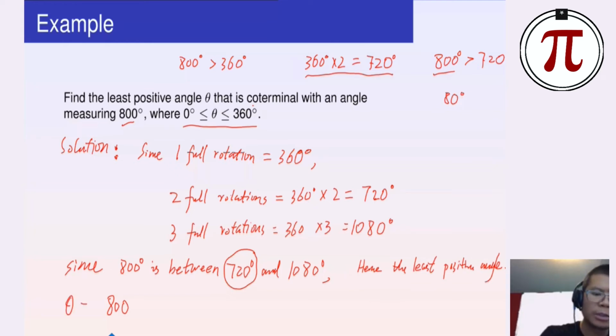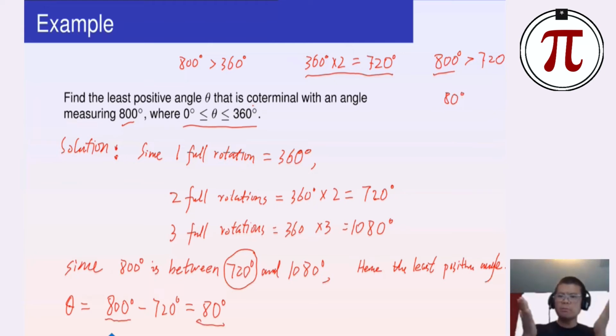Using theta equals 800 degrees minus 720 degrees, which equals 80 degrees. Between 80 and 800, it's just 2 full rotations, right? Therefore, they are coterminal, and it's the least positive angle.